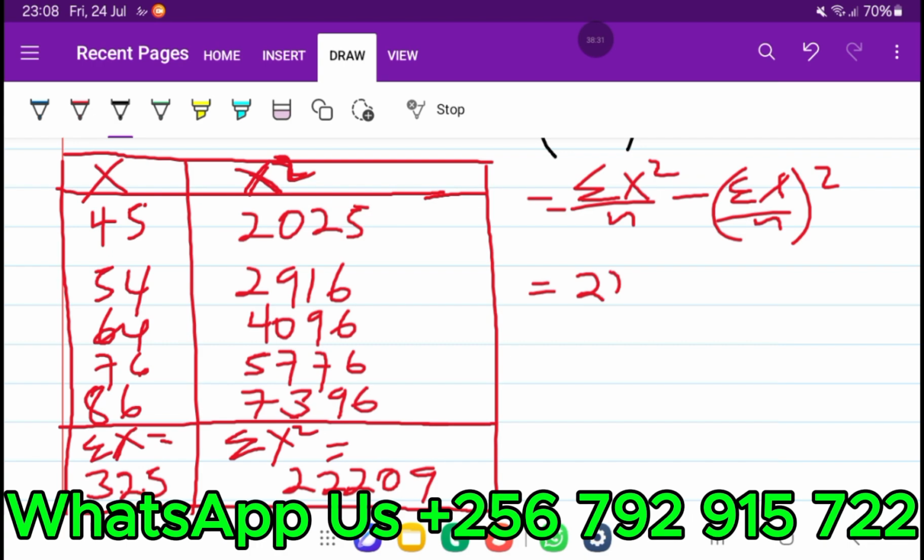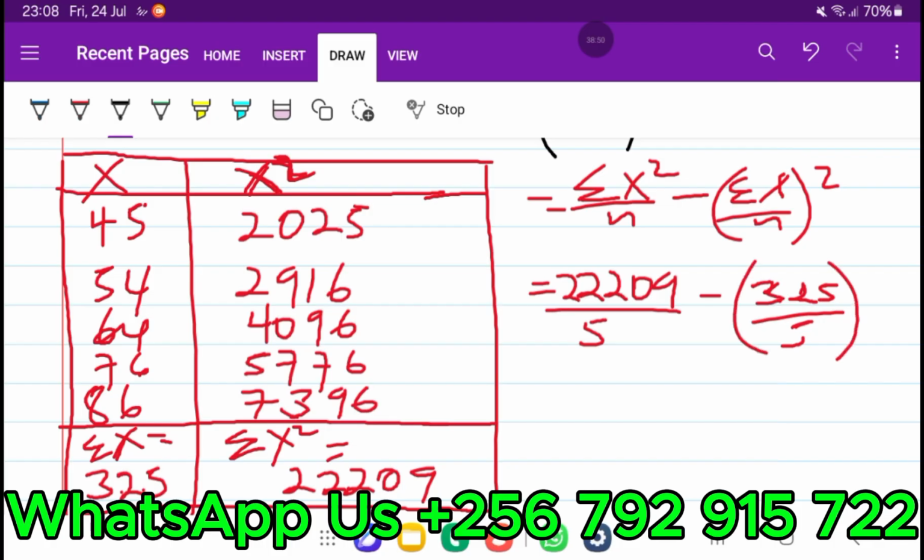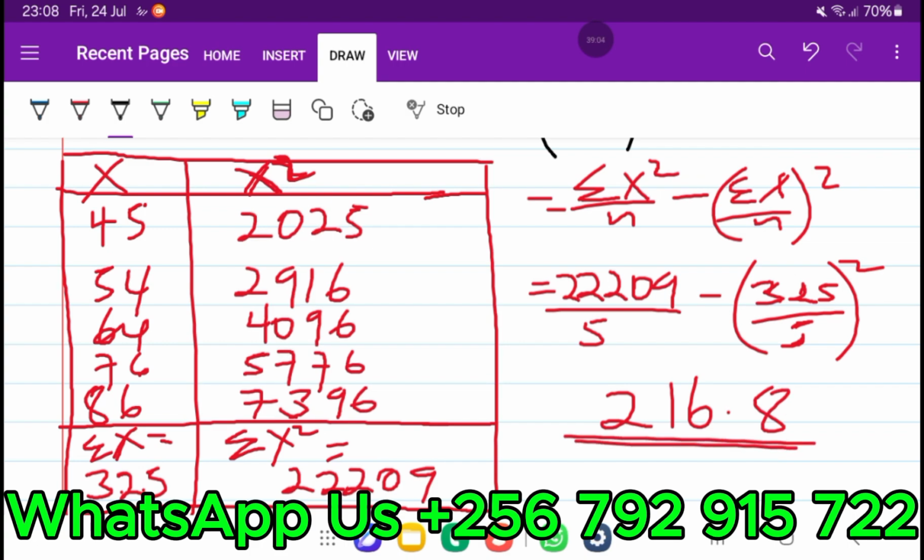So this is 22209 divided by n, there are 5 values, divided by 5 minus 325 over 5, but the whole of it, we square that. We will get 216.8. Even if you use the other first formula, you will still get the same answer.